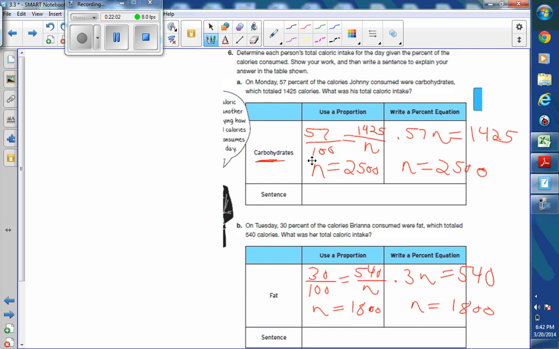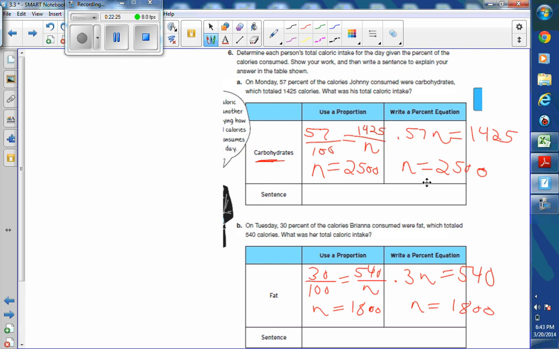If you cross multiply and divide, you get your total calories for the day would be 2,500. Or if you use the percent equation, you can use the decimal, 0.57 N equals your total carbohydrates, 1,425. All right, so N, your total amount, would equal 2,500 if you divided both sides by 0.57.